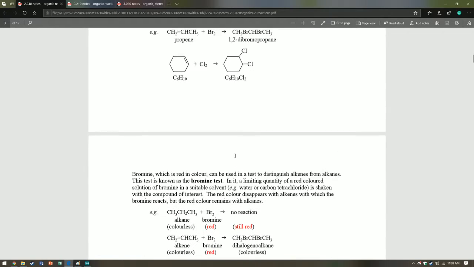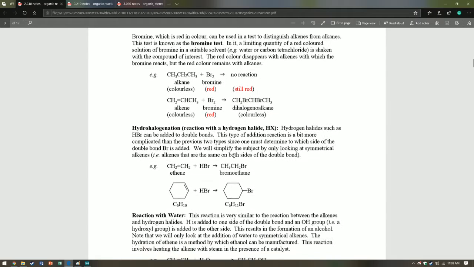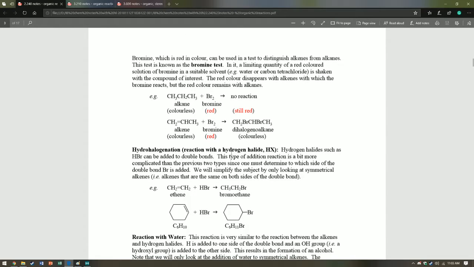Sort of an interesting aside, you can use this in the lab to determine the degree of saturation of a hydrocarbon that you don't know what's in it. Say you're given a test tube, you know it's some organic compound, but you don't know what it is. You can use the bromine test to determine saturation. Note that bromine is red.